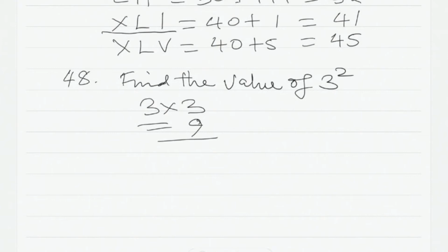What is there now is we have to find the value. 3 to the power of 2 simply means 3 times 3. Our answer is 9. So the value of 3 to the power 2 is going to be 9. The answer is D. We come now to question number 49.